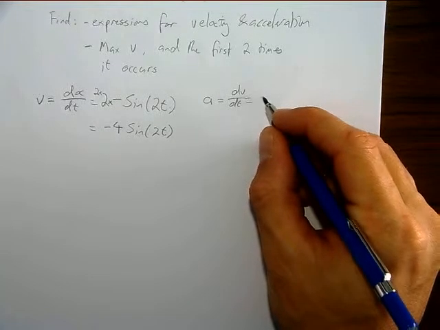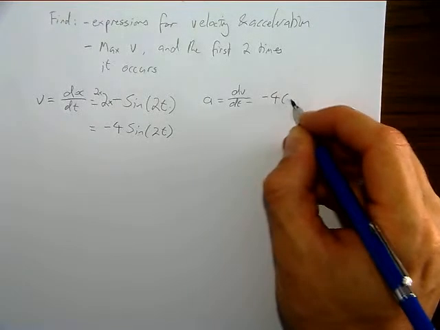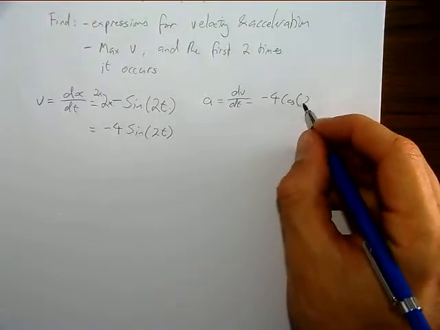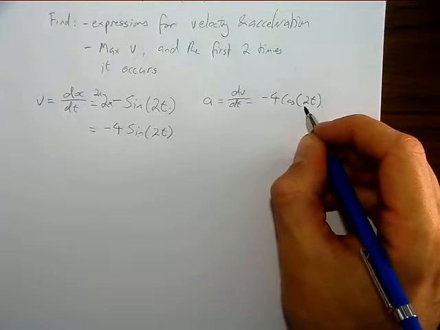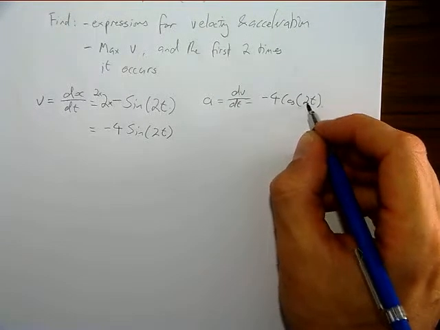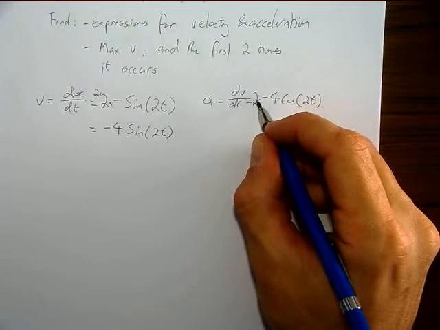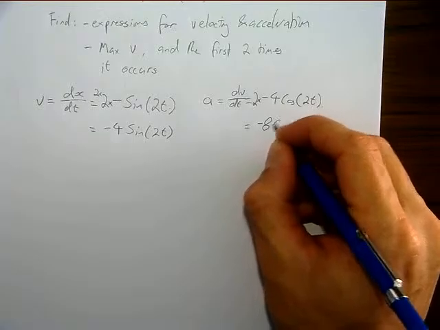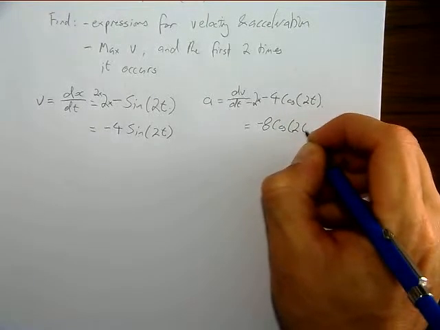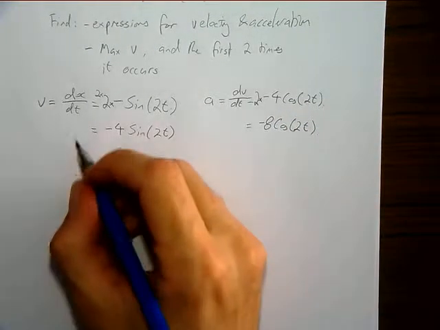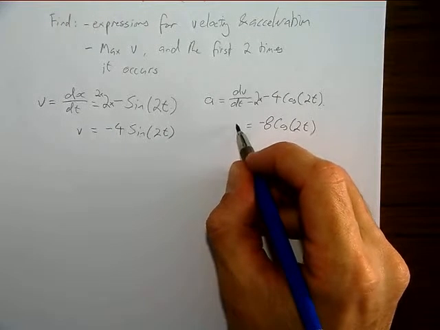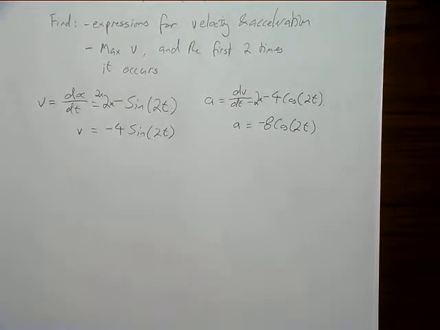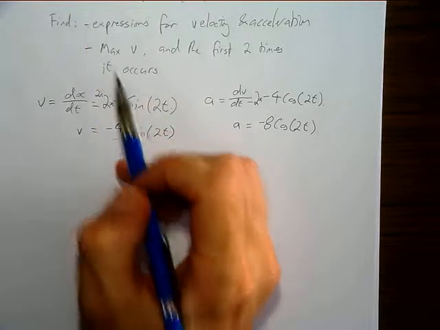So we have negative 4 cos 2t, but with our chain rule, the derivative of the inner function is 2, so we multiply by 2. So we have negative 8 cos of 2t. So we have an expression for velocity and an expression for acceleration, and that is the answer to this first question.